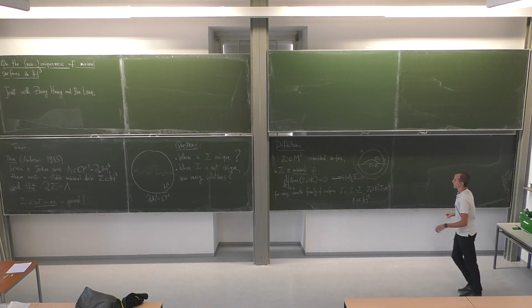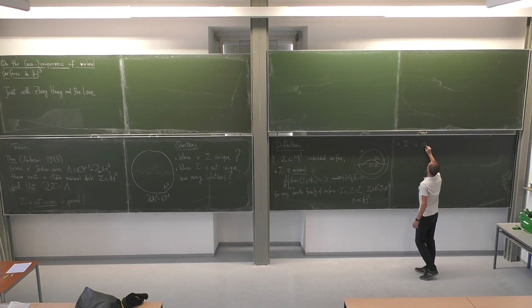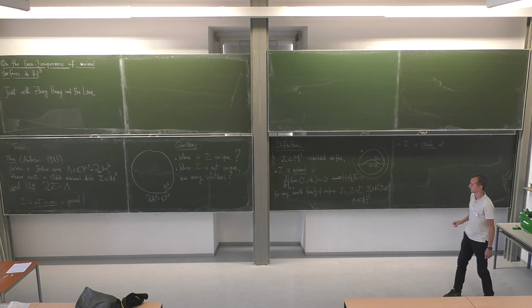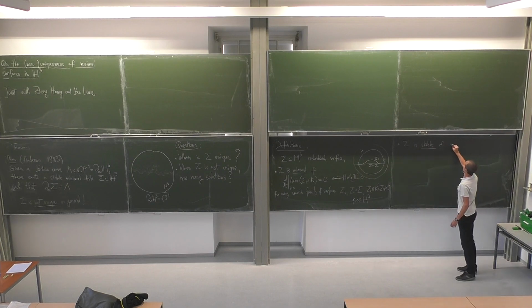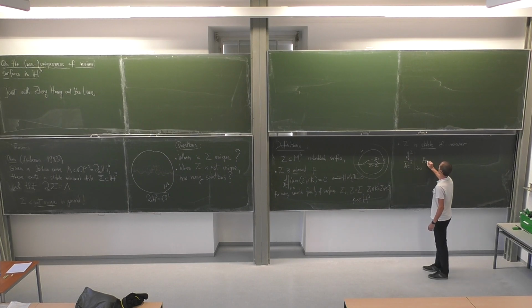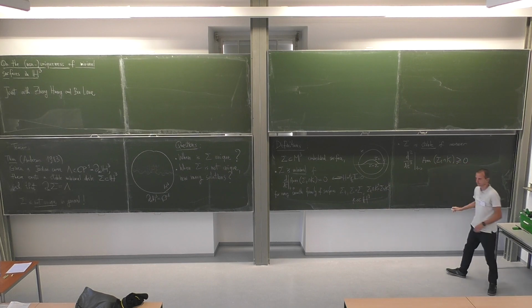Okay. And the other definition: sigma is stable if, moreover, the second derivative of the area of sigma t intersection K is non-negative, okay?